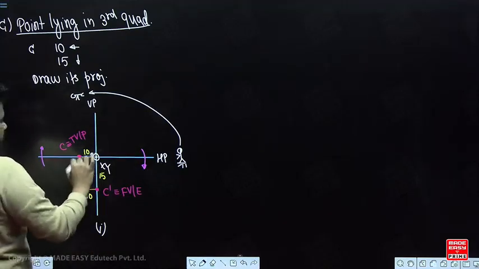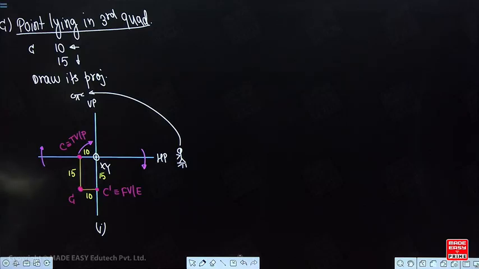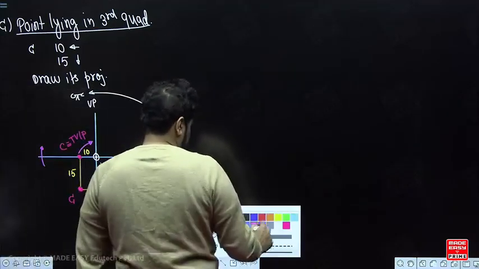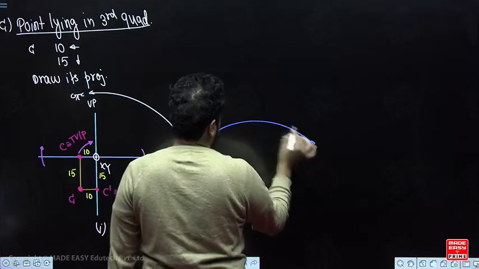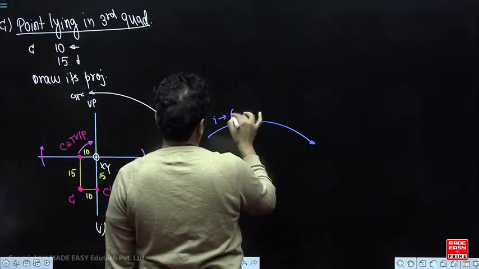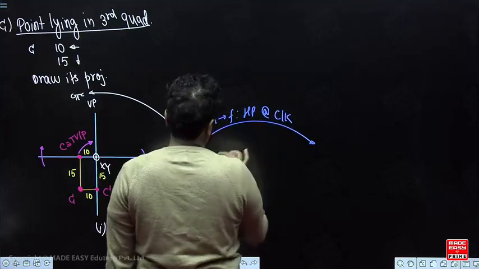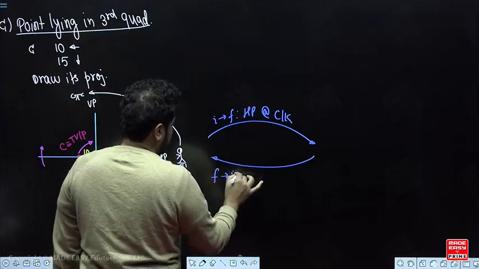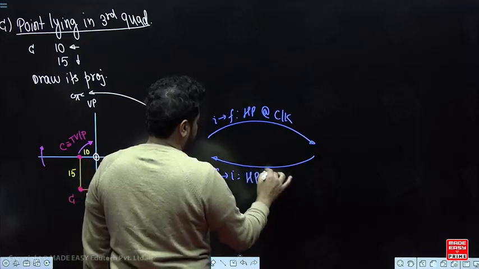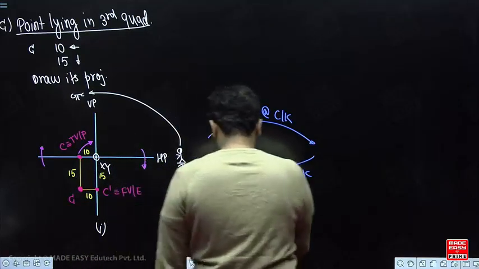As soon as you rotate it, it will go above, isn't it? So this is what I am going to see. So from initial to final, HP needs to be rotated in the clockwise direction. Similarly, from final to initial, I can directly say that HP is rotated in the anti-clockwise direction, isn't it?